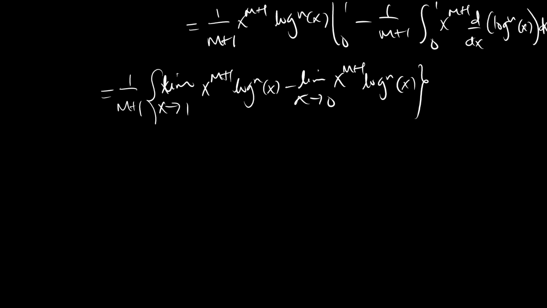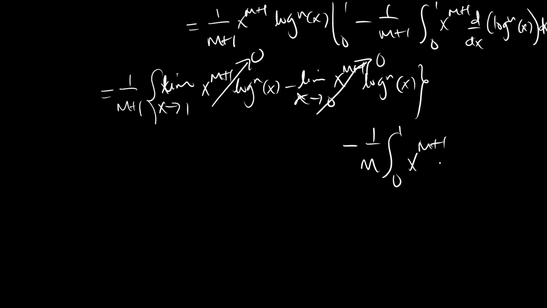Now you see that this part here goes to 0, log of 1 is 0, and x to the power m plus 1 as x tends to 0, so this part also goes to 0. And then minus 1 over m plus 1 times the integral from 0 to 1 of x to the power m plus 1, and we found this derivative to be n over x log to the n minus 1 of x.